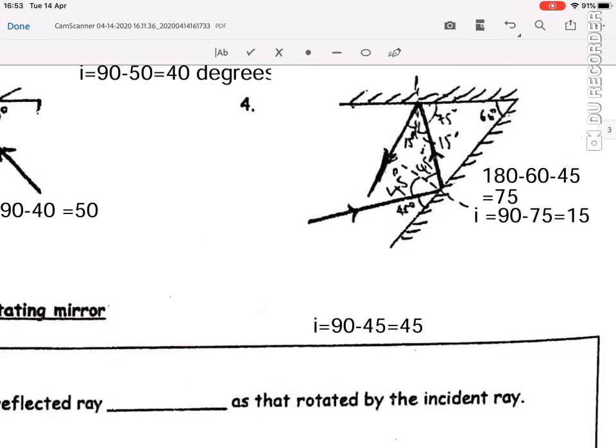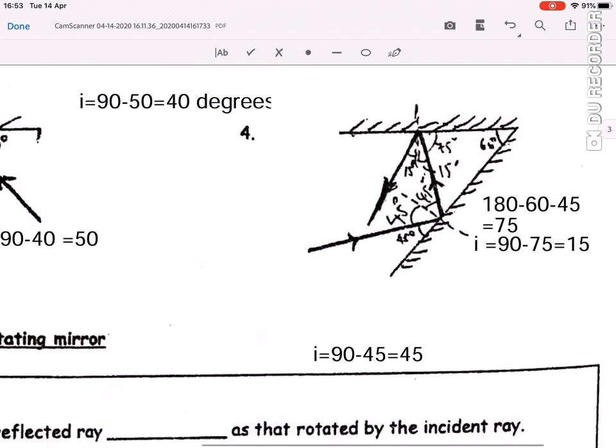Okay? So from the top again, let's go through it one step at a time. From the bottom part, the light wave is coming in at a 45 degree angle, and then you work it out to be the incident wave just so happens to be 45 degrees as well. 45, 45, and then the refracted wave will be 45. From that, it's going up, but we don't know what angle that is yet.